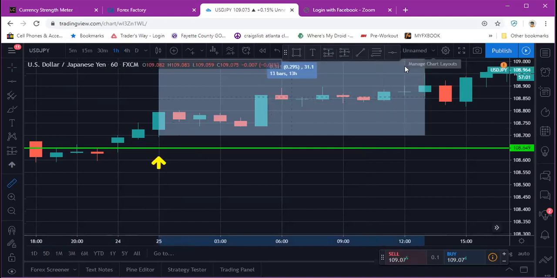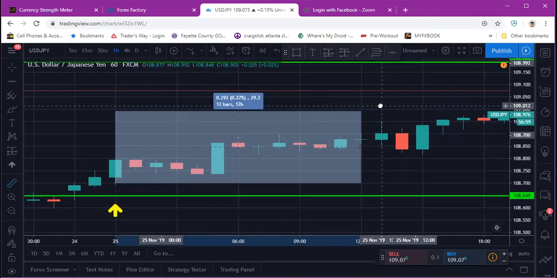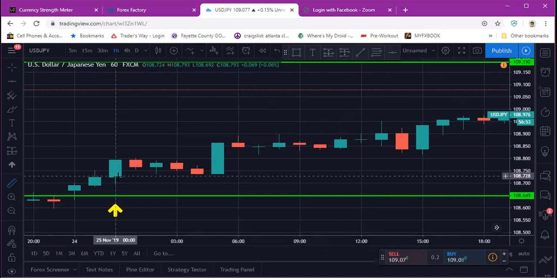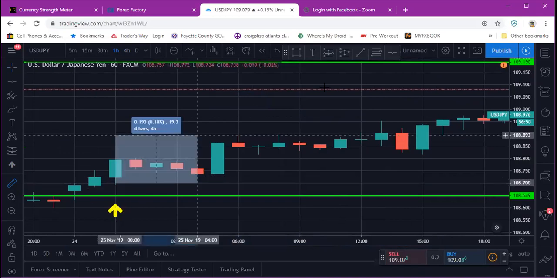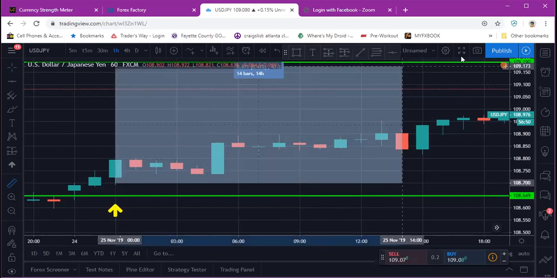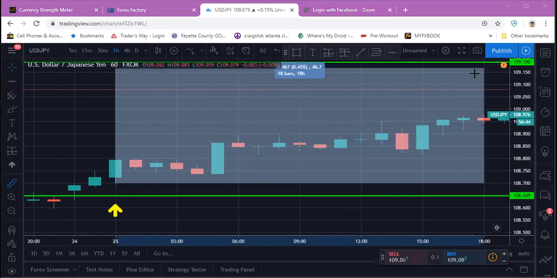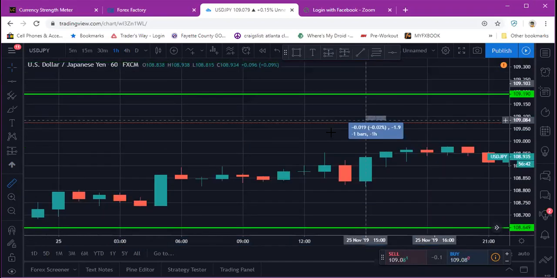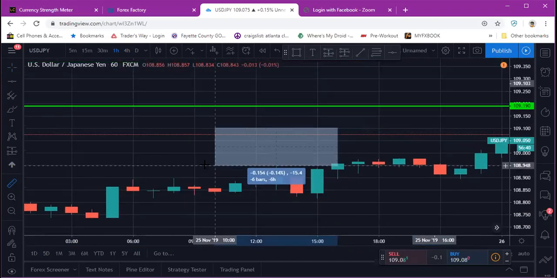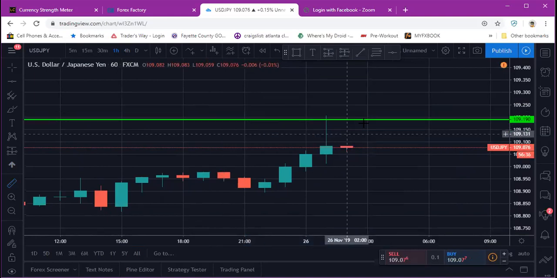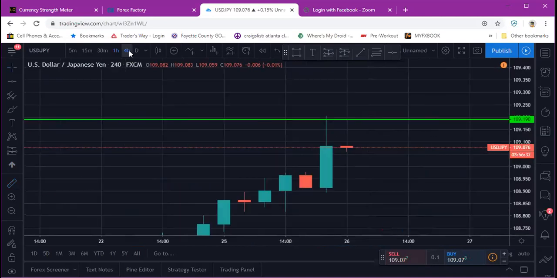Okay, so we're talking roughly about 48 pips, okay, to the top. But it'll take a while for it to get there. Take 4 to 6 hours to go 50 pips. So not bad, but that's how we'll look at it on the long term.